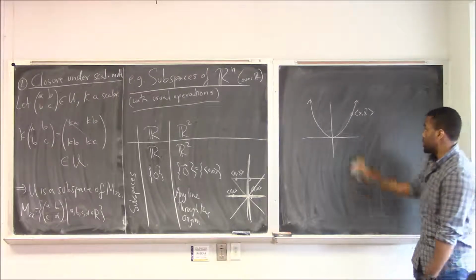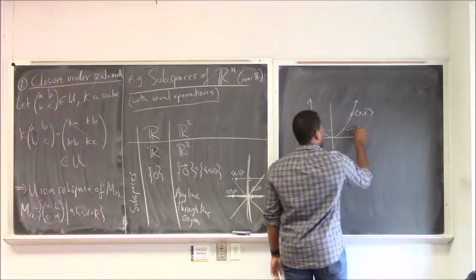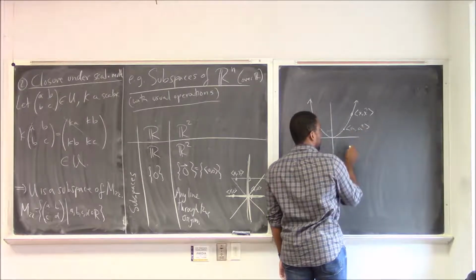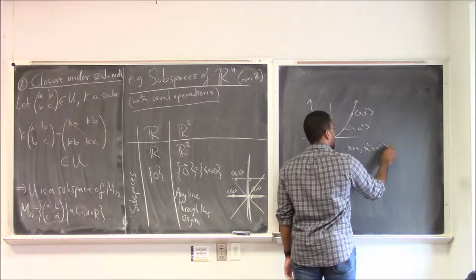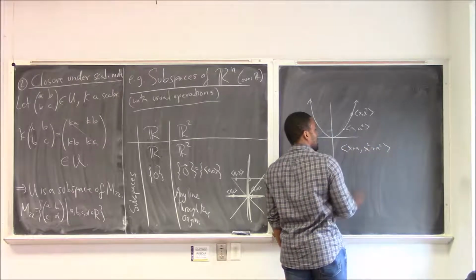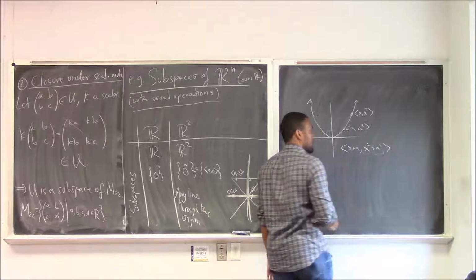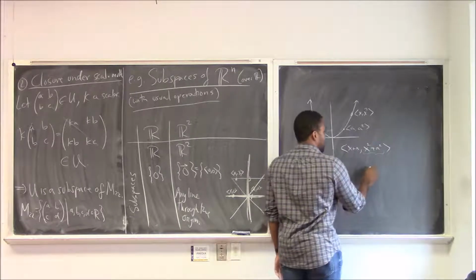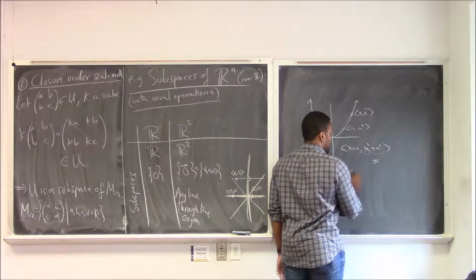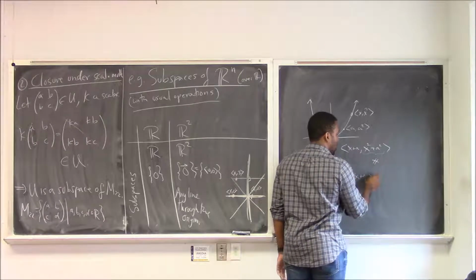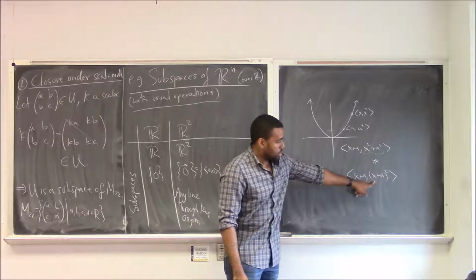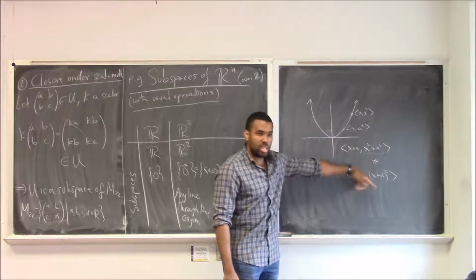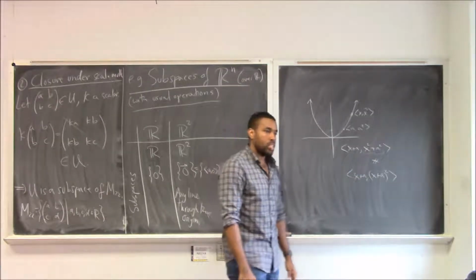If you take two guys that look like that, x and x squared, a and a squared, then you add them, you get x plus a, comma, x squared plus a squared. But this is not the same as saying x plus a, but you want this component squared, because the square of a sum is not the sum of the squares. These guys won't have the right form, and that's not going to work.